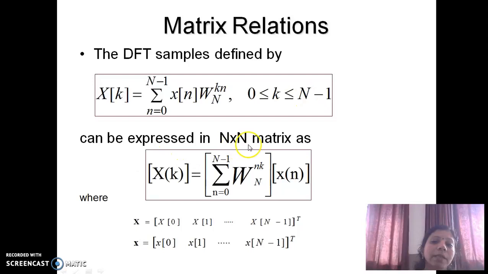It can be expressed in N by N matrix format, where X of k is a matrix, this is also a matrix, and this is also a matrix. So matrix multiplication of the twiddle factor matrix and the input sequence x of n gives you the output in the frequency domain, which is X of k, in the matrix format.